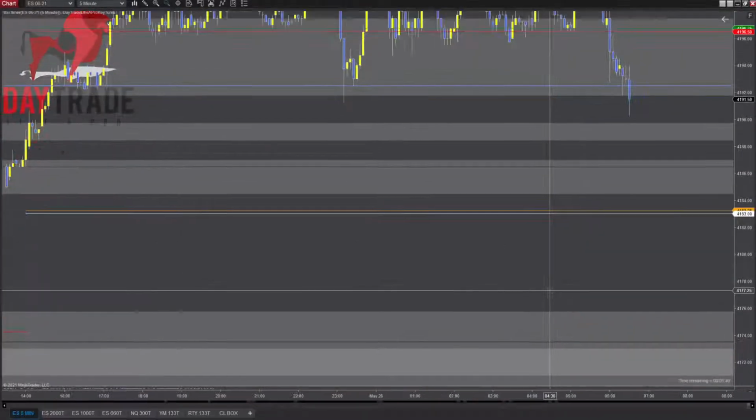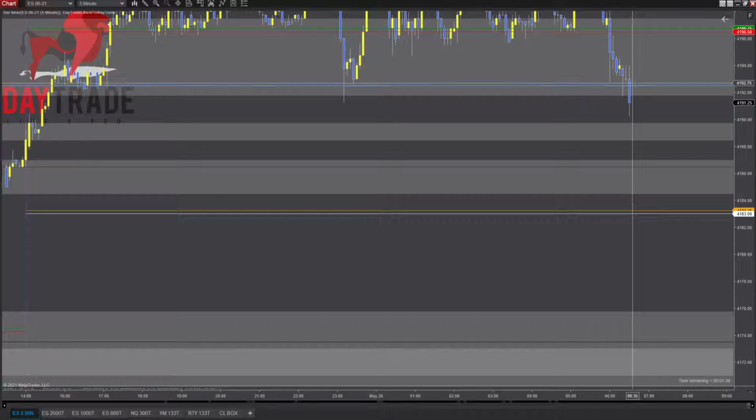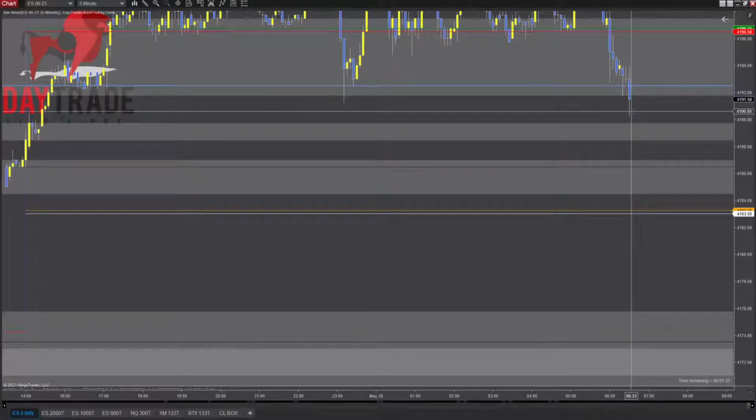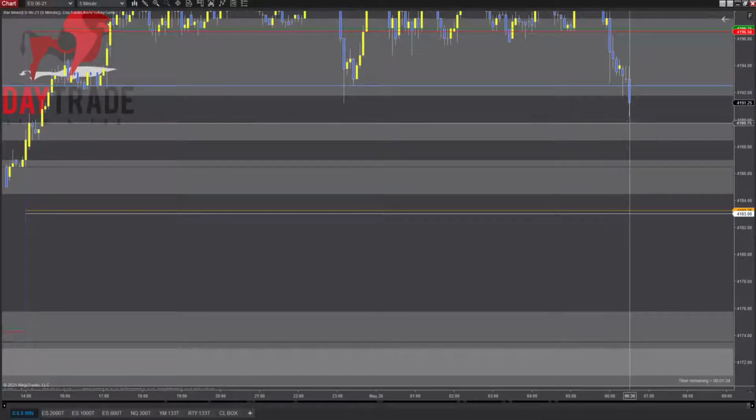But if this, okay, so it did break here. So if this ends up coming down, and the market's still not open, if this ends up coming down into this area, there's a potential that this could hold and we could get that push back up.